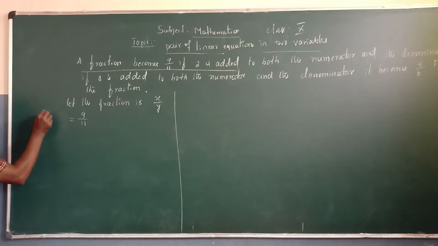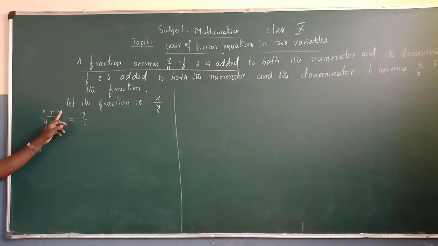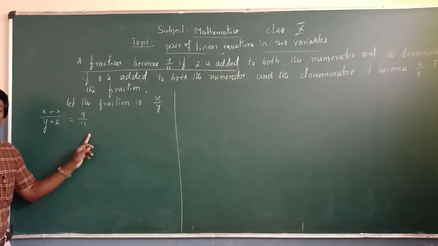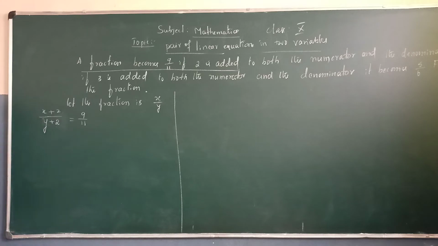Here numerator is x, denominator is y. For this you have to add plus 2 and plus 2. So remember, for both numerator and denominator we have added plus 2. It will become 9 by 11. This is the first equation.